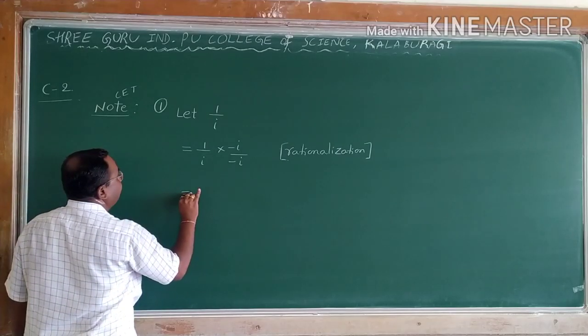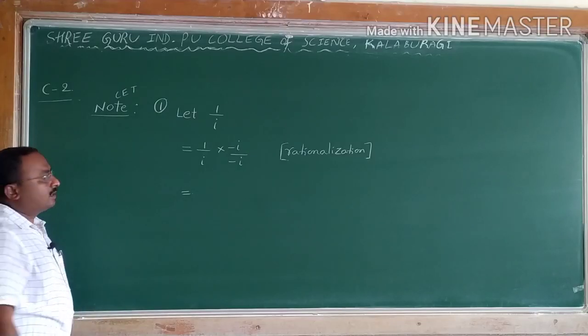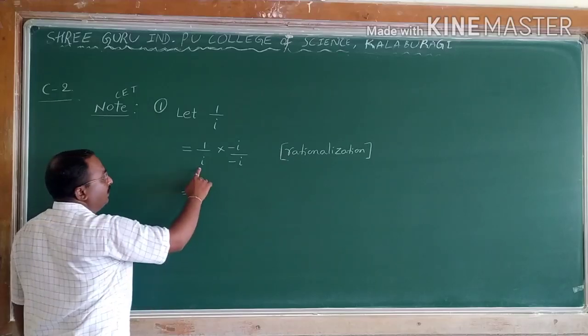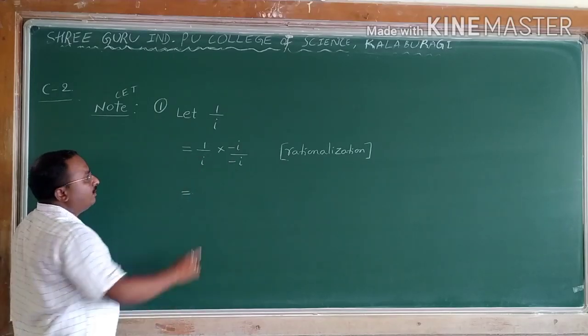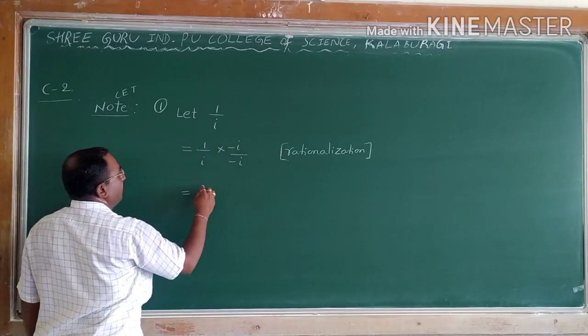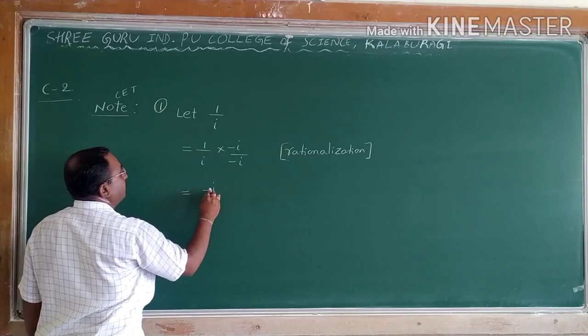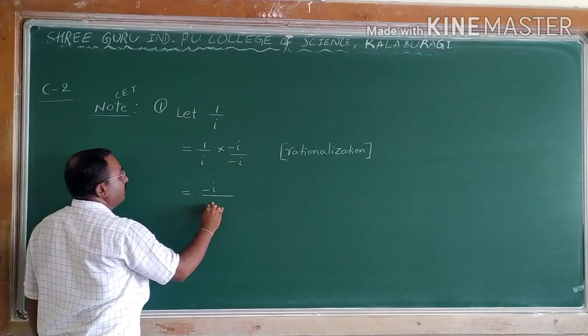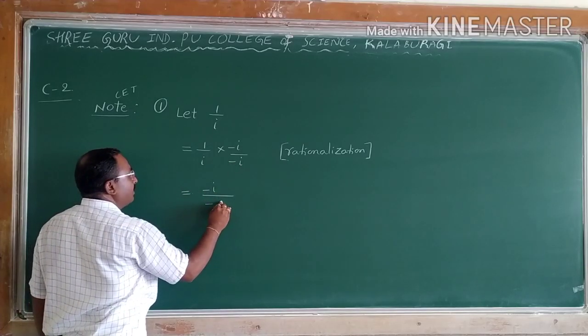That is, multiply numerator, multiply denominator, 1 into minus i, plus minus i square.